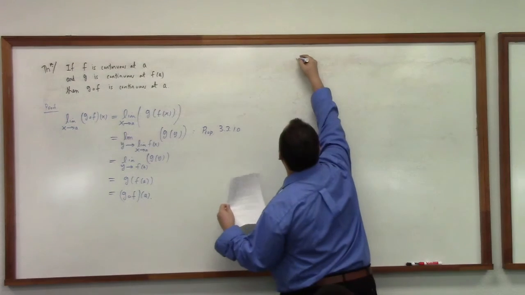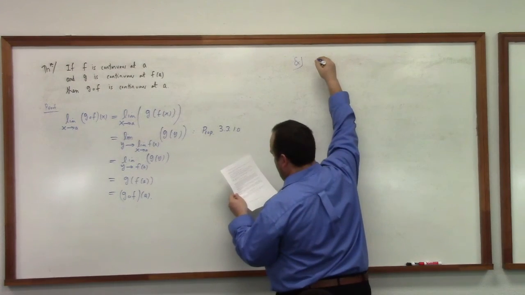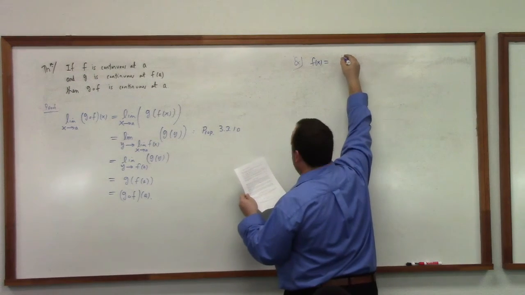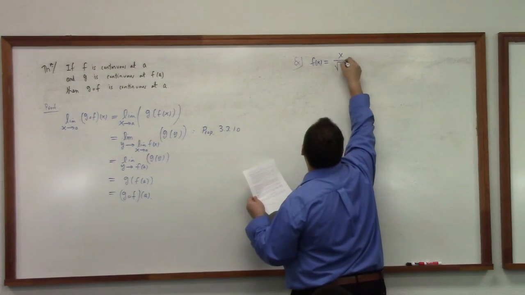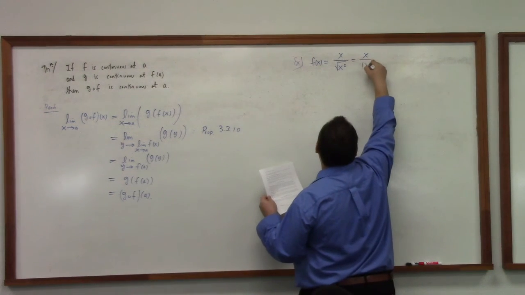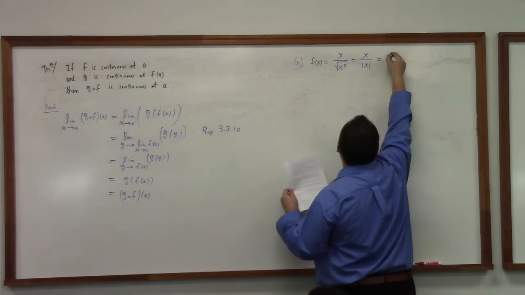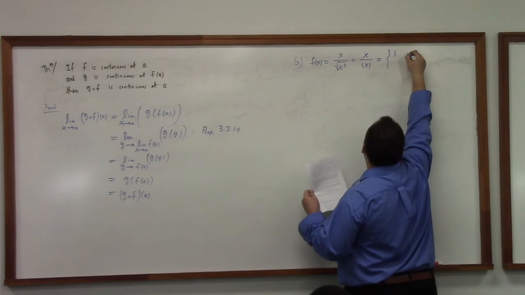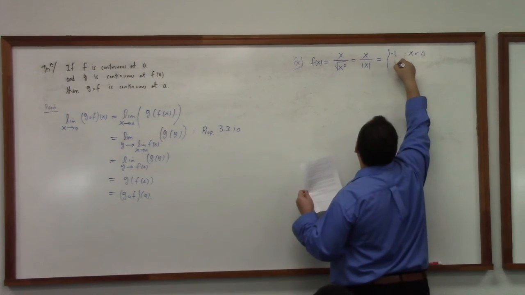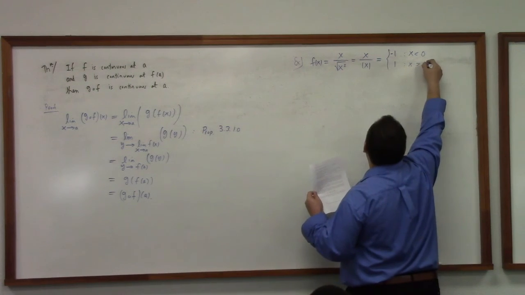For example, if I have f of x, we talked about this last time, I think, x over the square root of x squared. Remember, this is x over absolute value of x. So what is that defined to be? It's defined to be minus 1 if x is less than 0. It's 1 if x is greater than 0, right?